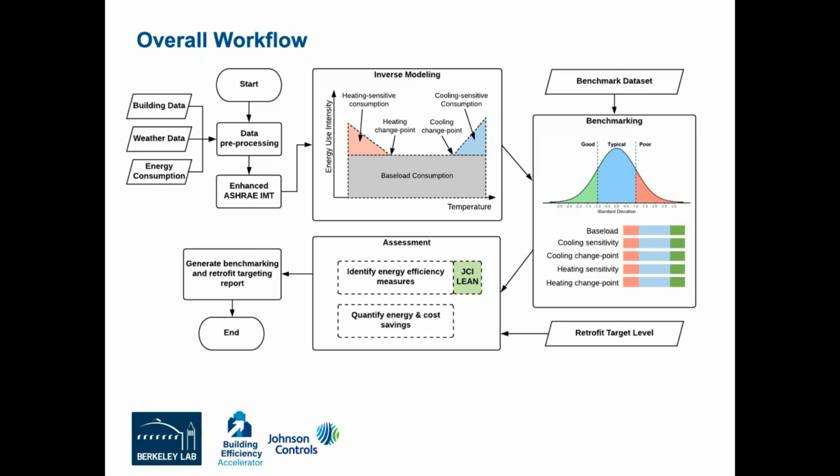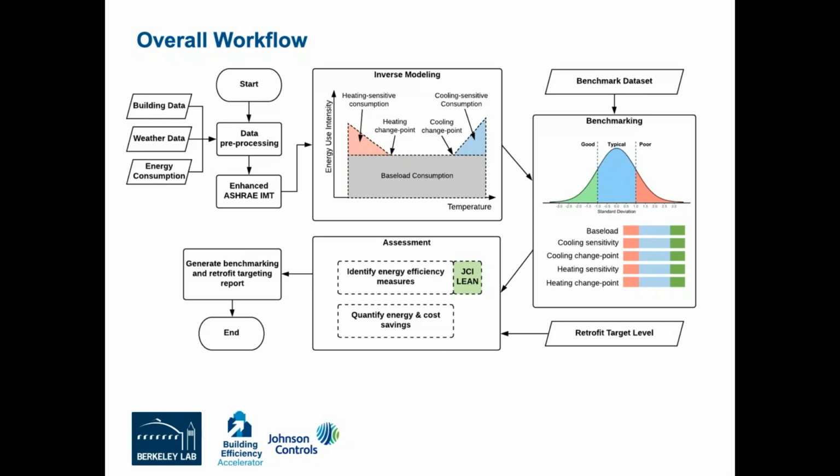You can see a quick view of a simplified inverse model, which tells us a little bit about how the building is using energy, and also the types of energy efficiency opportunities which would therefore exist. So we get metrics such as base load energy performance, which is the weather independent energy usage in a building.